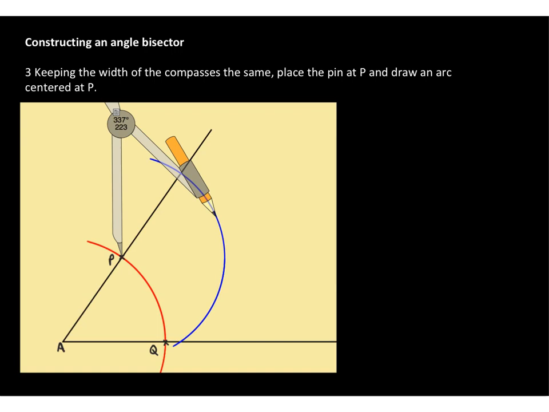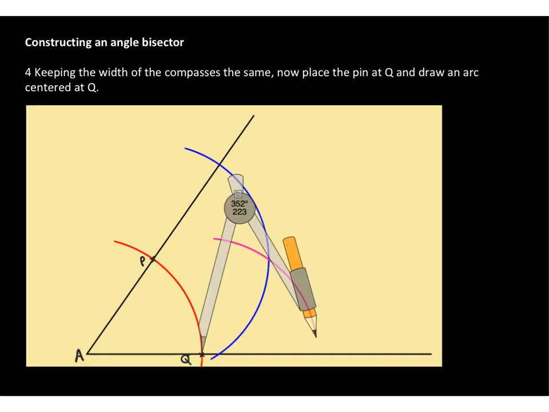Now keep the width of the compasses the same as when you drew the first arc, the red arc. Place the pin of the compasses at P and draw an arc which is centred at P. So you can see the blue arc which is centred at point P. Now place the pinpoint of the compasses at point Q and draw another arc which is now centred at point Q. You must keep the width of the compasses the same throughout this construction.